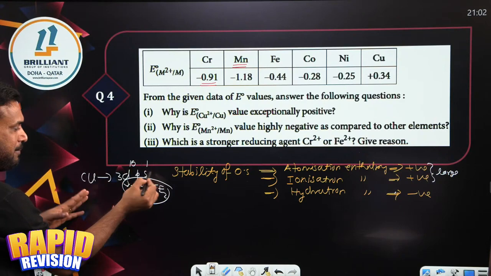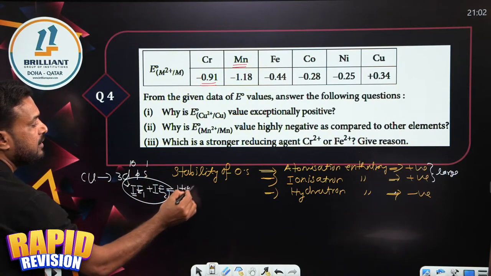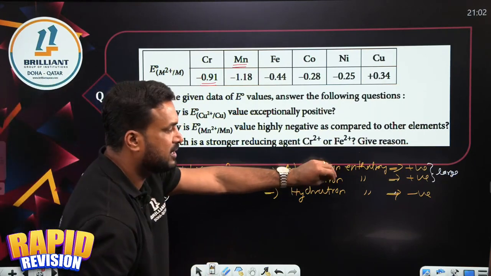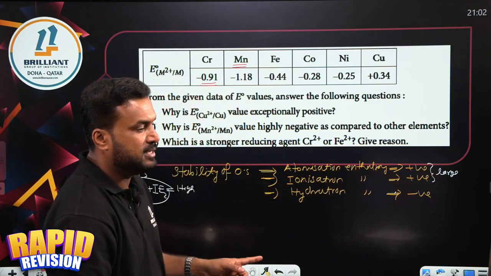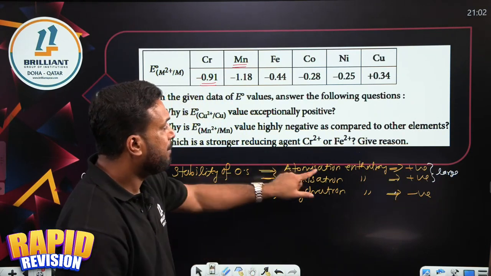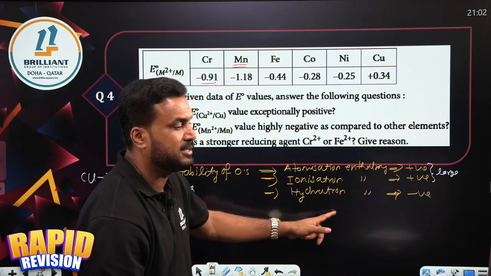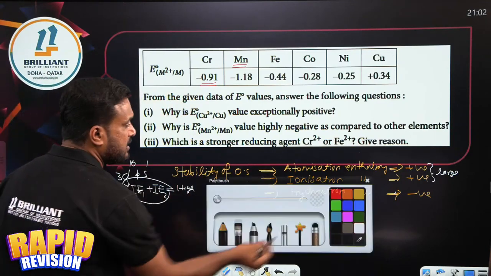The sum of these two will be very high, and together with the atomization enthalpy, that value will be quite large compared to the hydration enthalpy. So the answer is: the sum of enthalpy of atomization and ionization enthalpy is much higher than the hydration enthalpy. That is why it is positive.